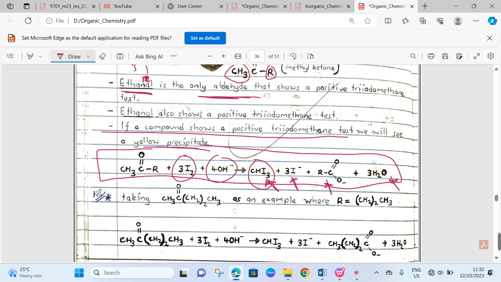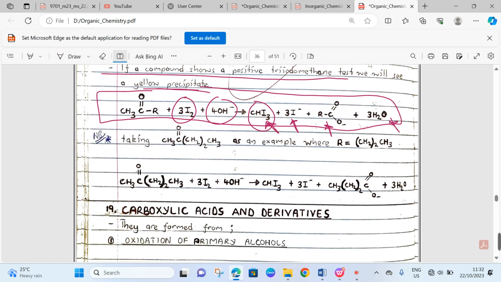In this example, I used this aldehyde as a typical example. The R here was replaced with a propyl group, to produce this equation that you have over here.